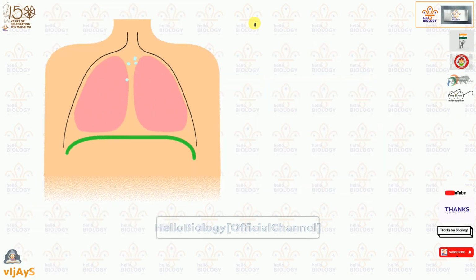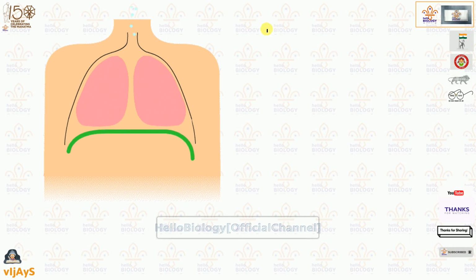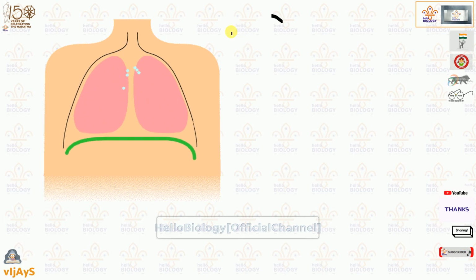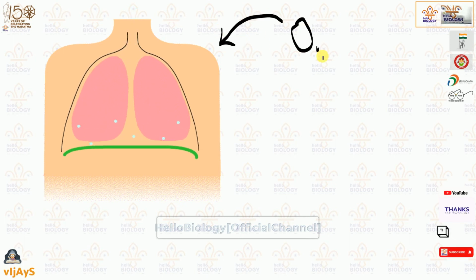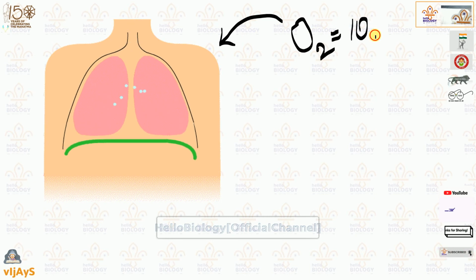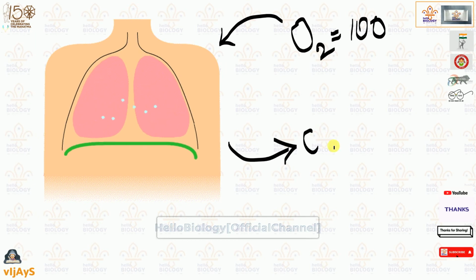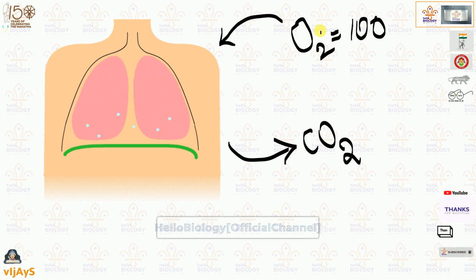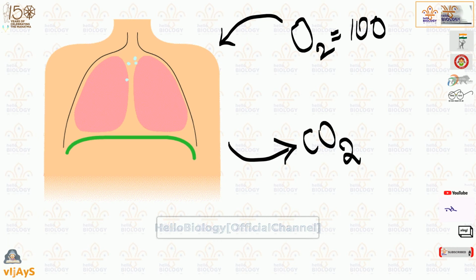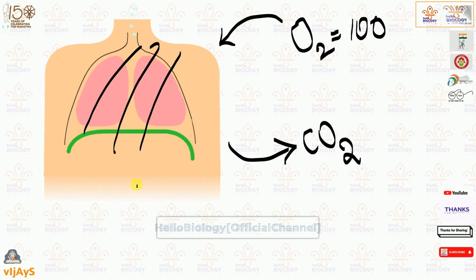Here, if you see, inhalation, that means when air is entering inside, oxygen enters. For example, 100 moles of oxygen, that means 100 particles of oxygen entered. Then while carbon dioxide is coming outside, oxygen definitely decreases. Why? Oxygen is needed for our body.